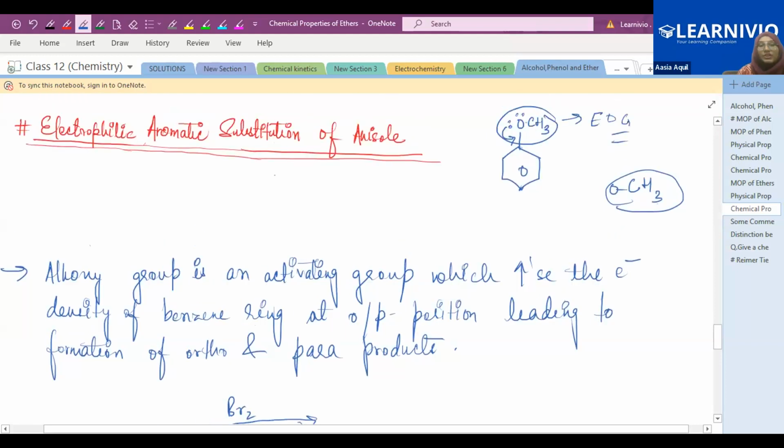And now the question is, what is electrophilic? What do you mean by electrophiles? Just like in the nucleophilic substitution reaction we were studying, what were nucleophiles? They are electron rich. I always remember to break the word to understand. So nucleophile: nucleus and phile means loving, nucleus loving. And who are nucleus loving?